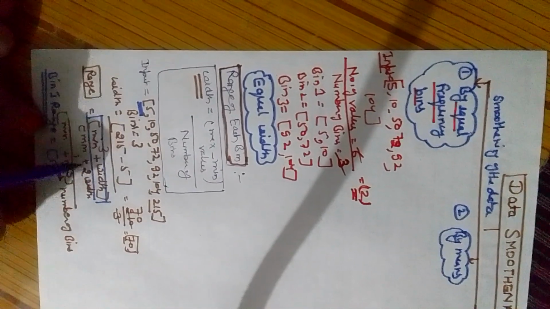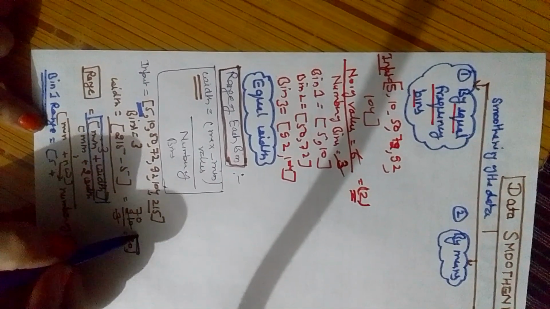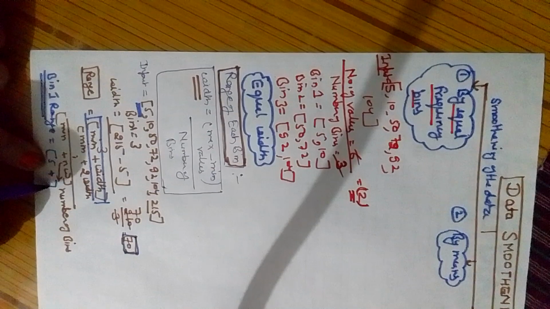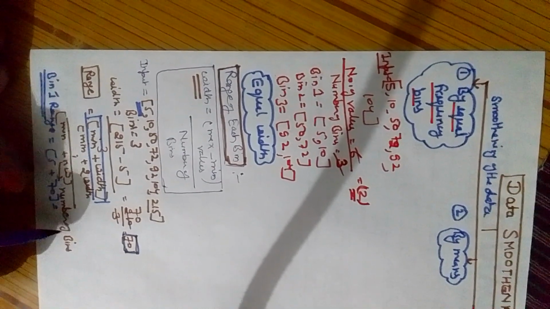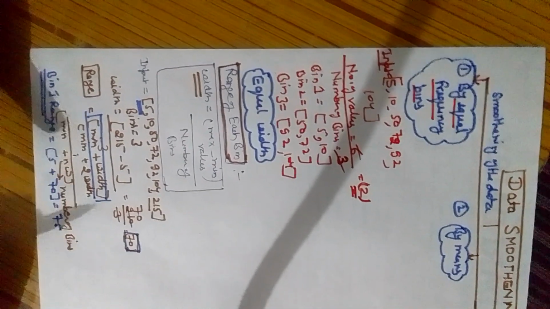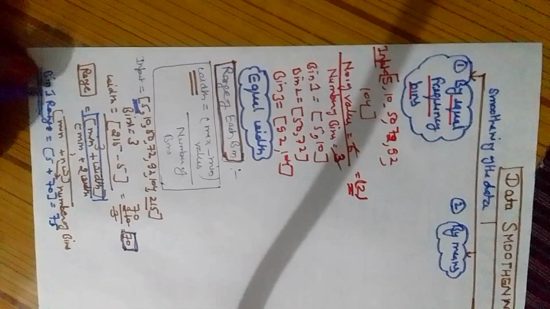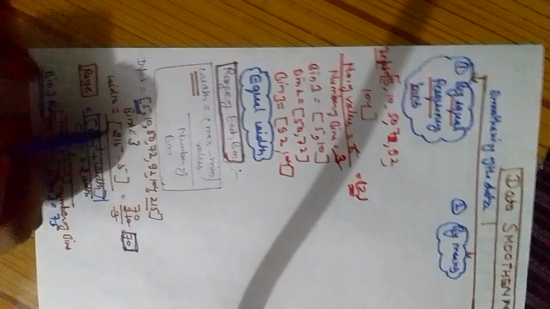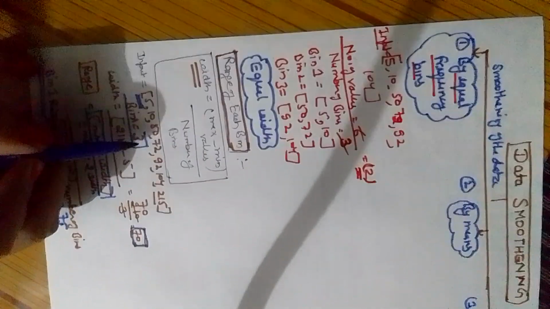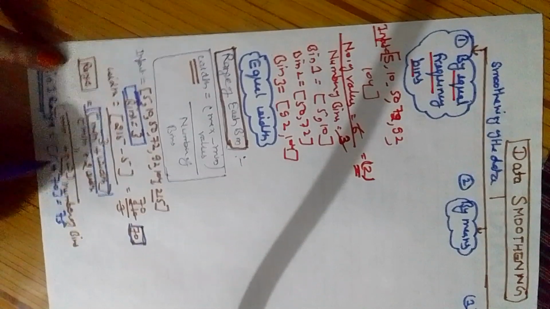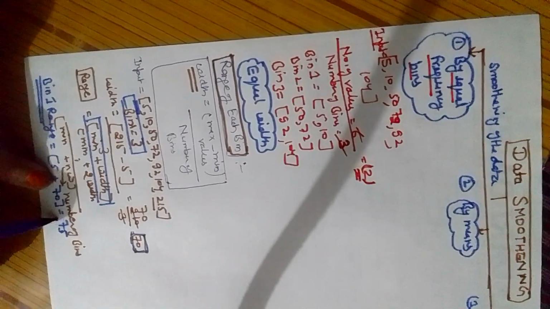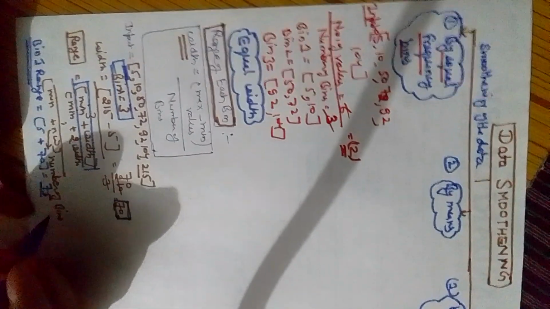Plus what is the width here? We calculated 70. 5 plus 70, how much is it? It is 75. So the range of the first bin, we calculated bins as 3, would be 75.